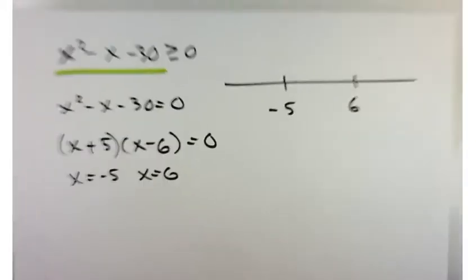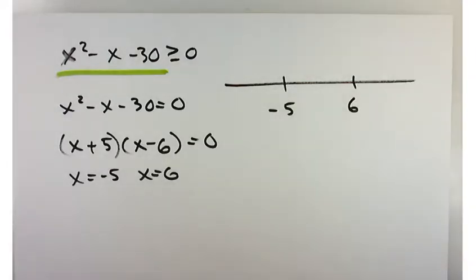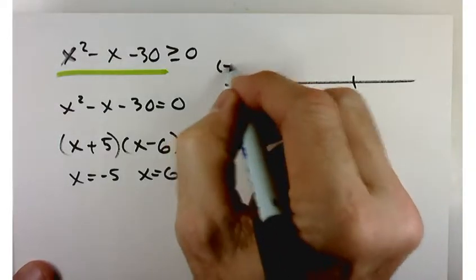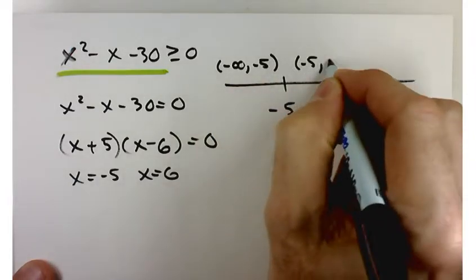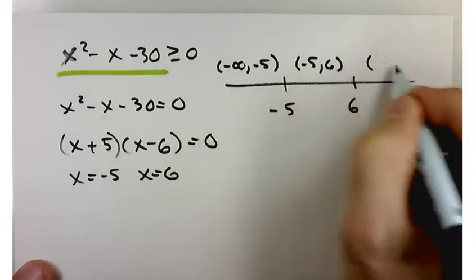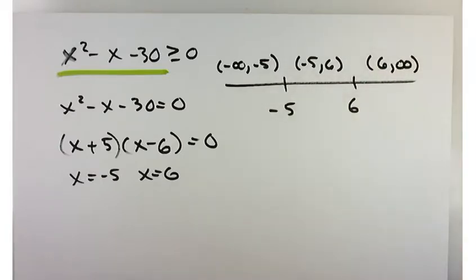Jaden, help me out. This creates a couple intervals for us. What would those intervals be? All right, negative infinity to negative 5. Good. Last one there's 6 to positive infinity.